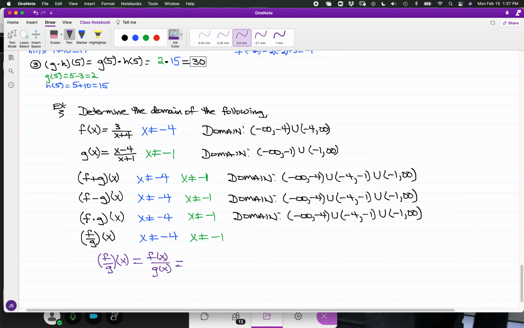Now, for f of x, we have 3 over x plus 4. For g of x, we have x minus 4 all over x plus 1. So I'm still having to keep f of x defined, so x plus 4 cannot be 0. For g of x, x plus 1 cannot be 0.